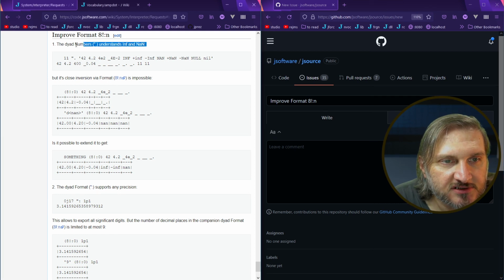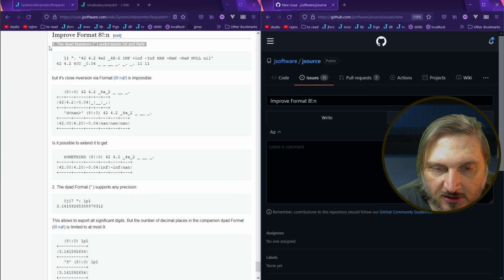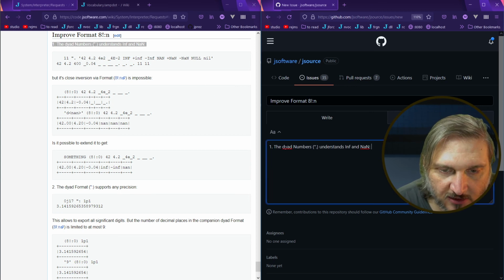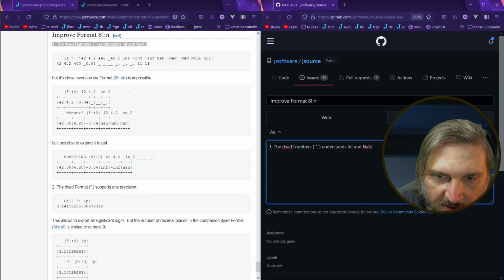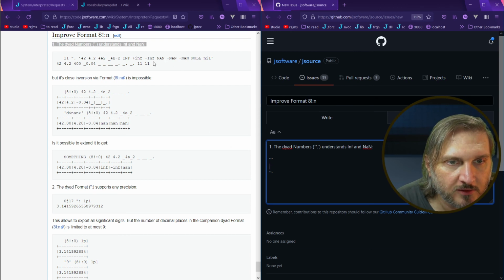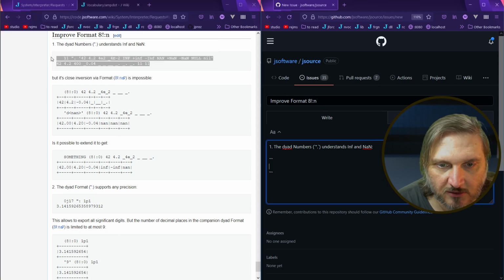The dyad numbers, right? Double quote dot. Oh, so he's got numbering here. I don't know if I'm going to try and do that. So double quote dot is called do when it's a monad, but it's called numbers when it's a dyad, and it tells you how to parse a string.